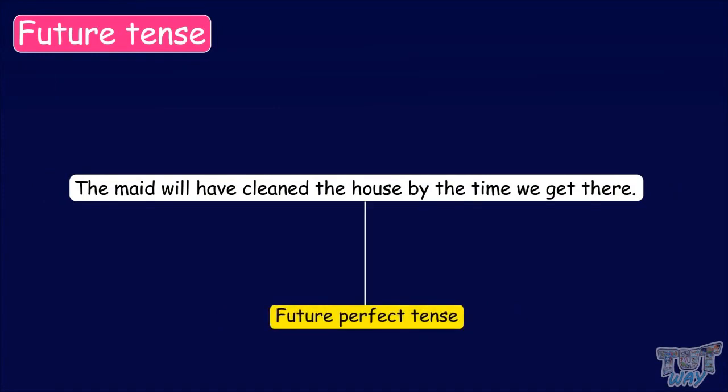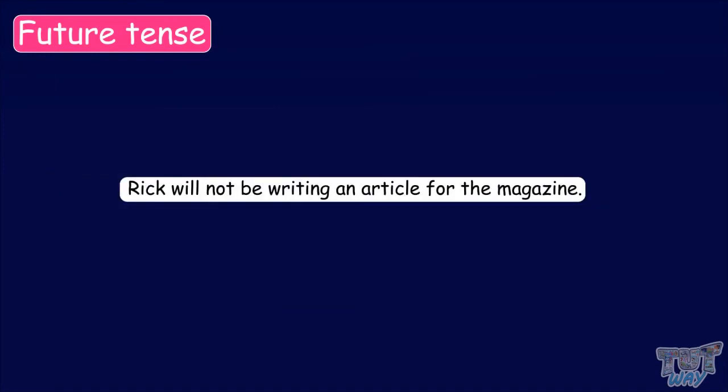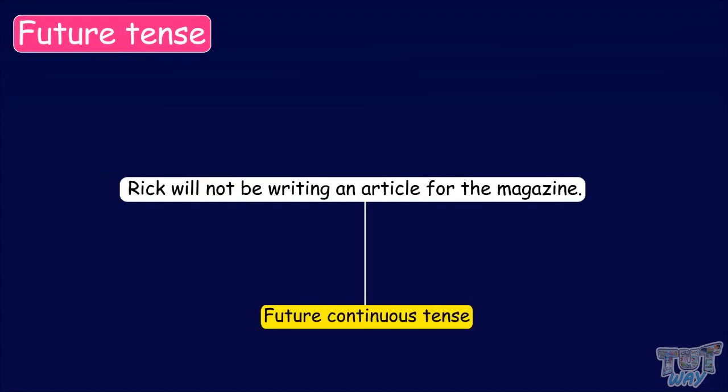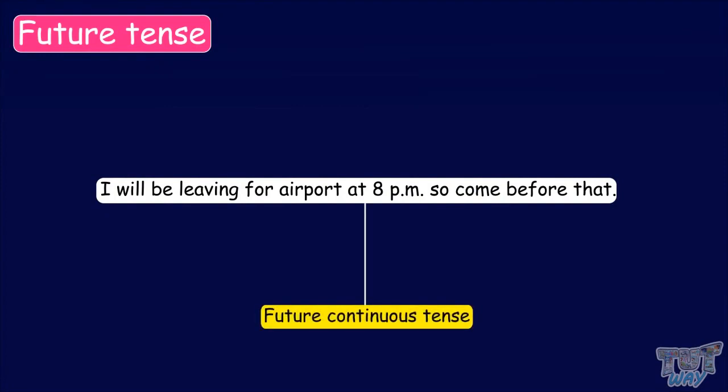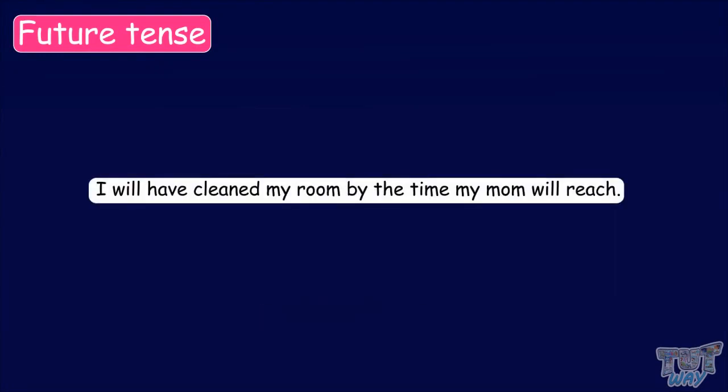Future perfect tense. Rick will not be writing an article for the magazine. Future continuous tense. I will be leaving for airport at 8 p.m., so come before that. Future continuous tense. I will have cleaned my room by the time my mom reaches. Future perfect tense.